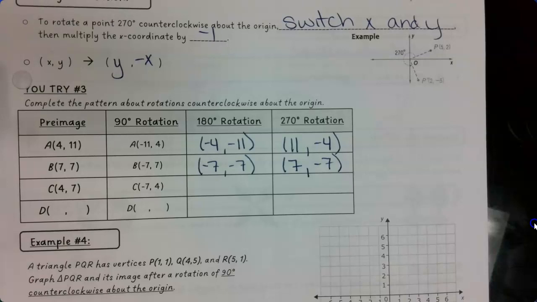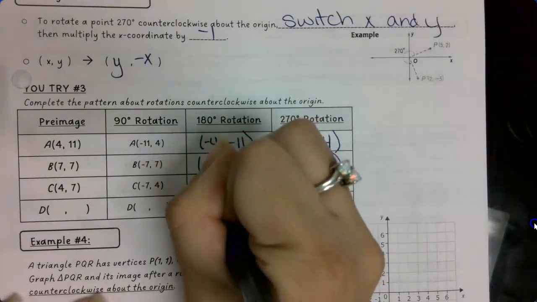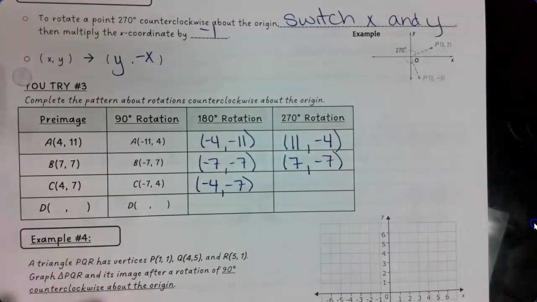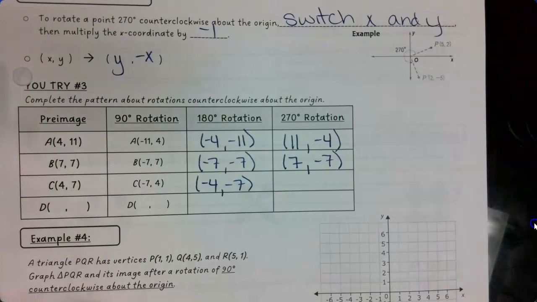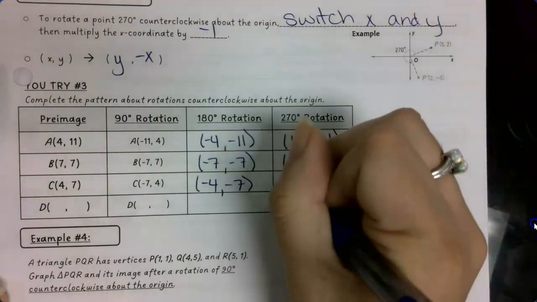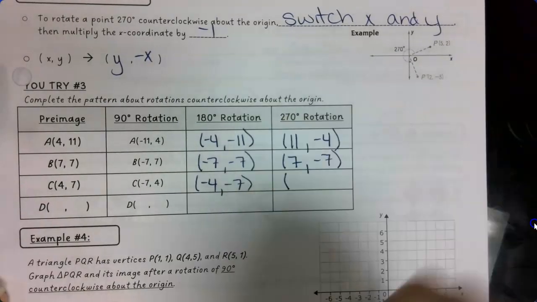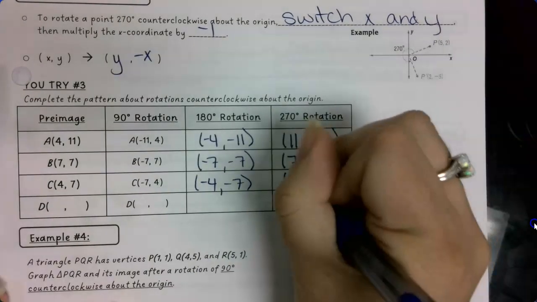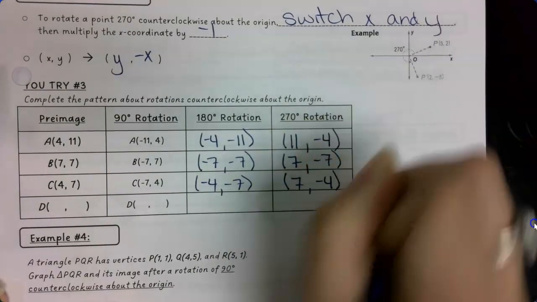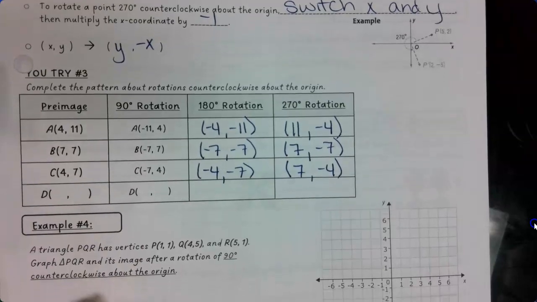Okay, then I have C is 4, 7, so 180 degrees is going to make that -4, -7. Then for a 270 rotation I switch the 4 and the 7, and then the 4 in the y value spot turns negative.